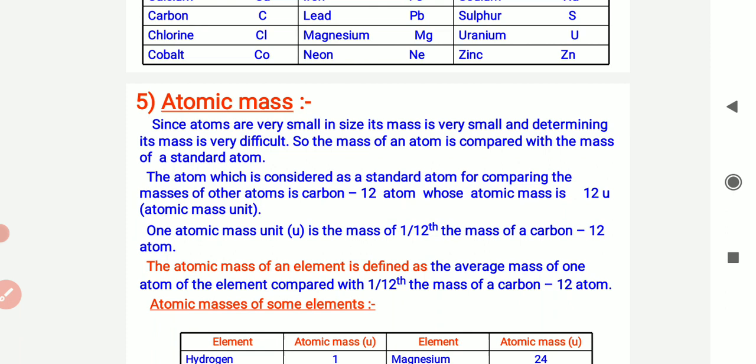The atom which is considered as the standard for comparing the mass of other atoms is carbon-12. The carbon-12 atom has an atomic mass of 12 units. AMU means atomic mass unit. So that atom, whose mass is 12 units, we call a standard atom.